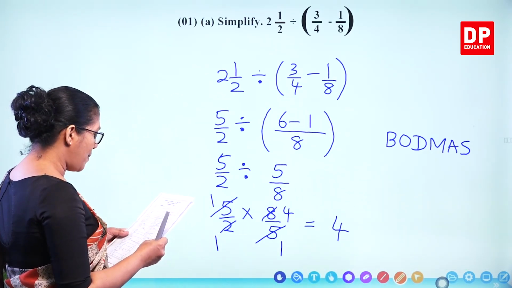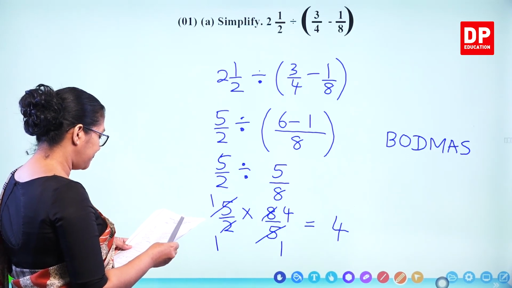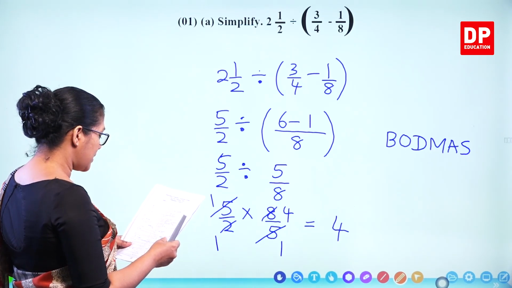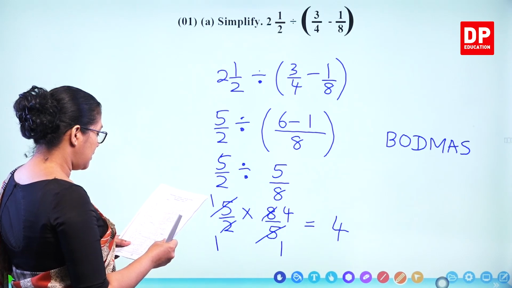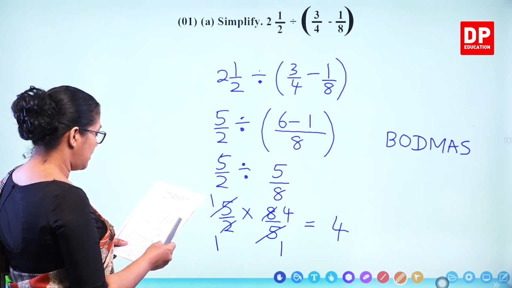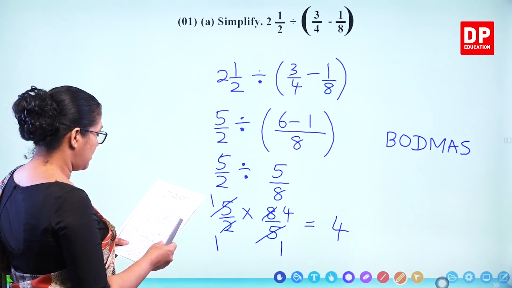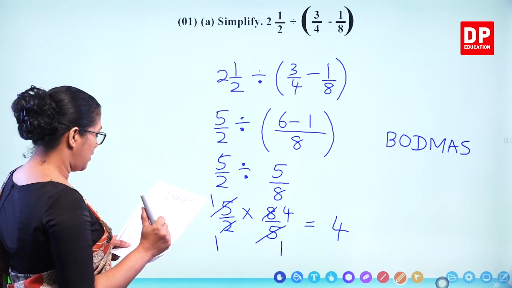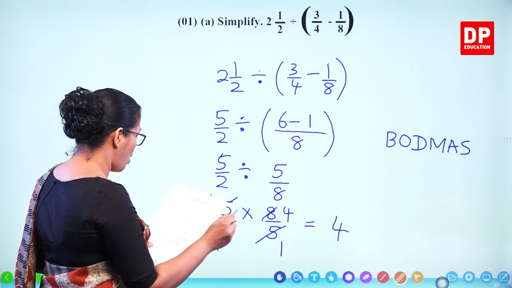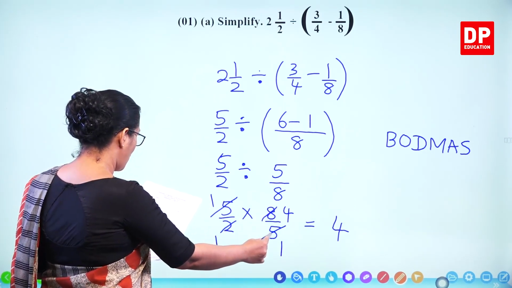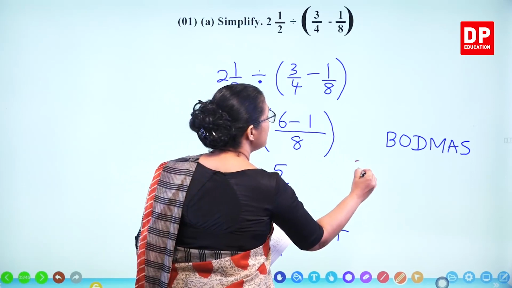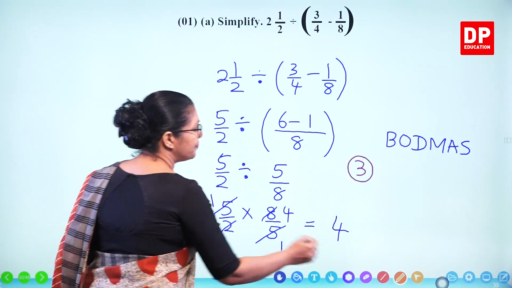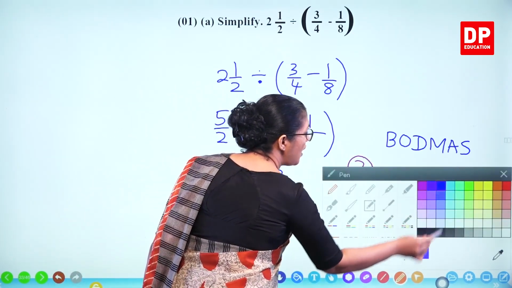According to the marking scheme, you get 3 marks for this step, 3 marks for 5/2 and 8/5. So altogether 3 marks.